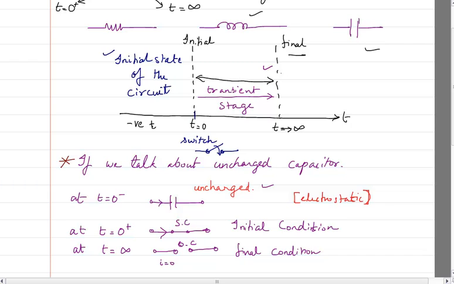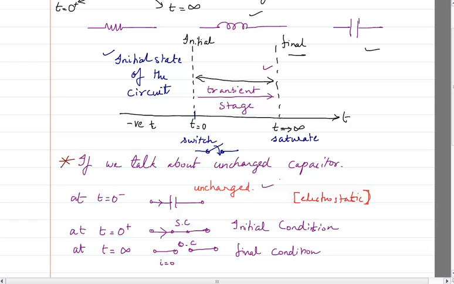And then finally, at some t equal to t tending towards infinity, it will saturate. What will saturate? Saturation means it will fill up. Either the capacitor or the inductor will get totally charged.